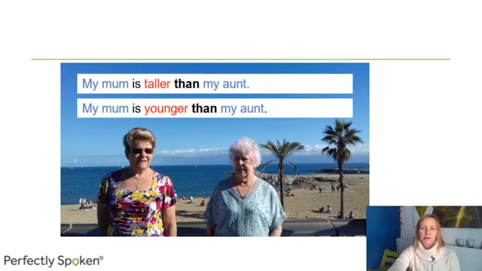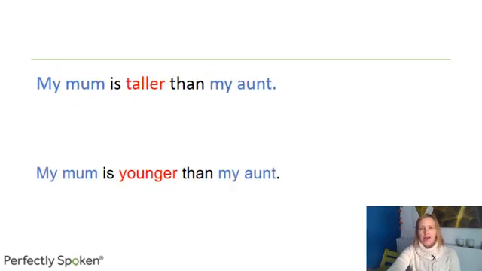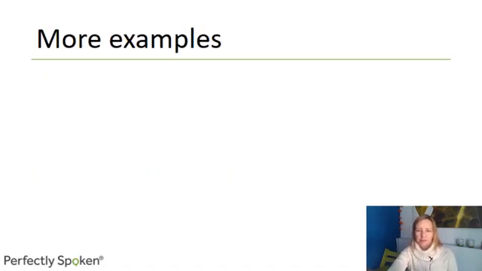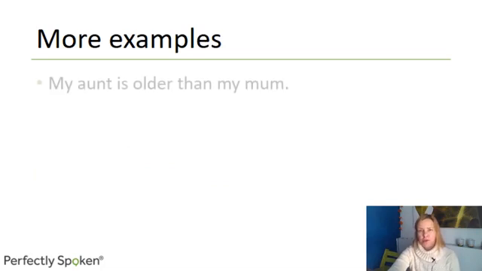So it's my mum is taller than my aunt. And let's look at the grammar. So here, the tall, as you can see, has become taller. Now, taller, what does it mean? It means more tall. We don't say more tall, no. We use the base form of the adjective, and add er. And the same here, young, younger. Tall, taller, young, younger.